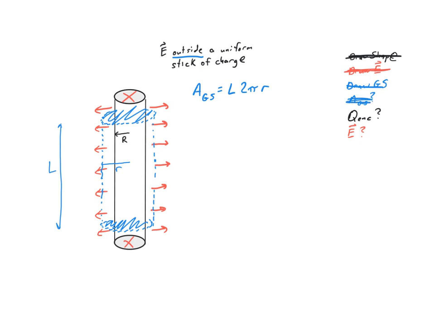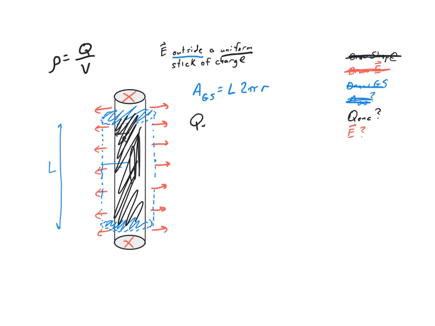Q enclosed by it is going to be all this. This is a uniform stick of charge, so we're dealing with a charge density, which is charge per unit volume.